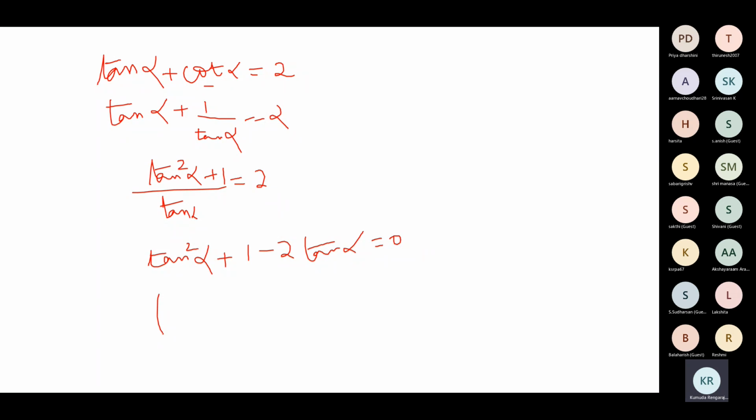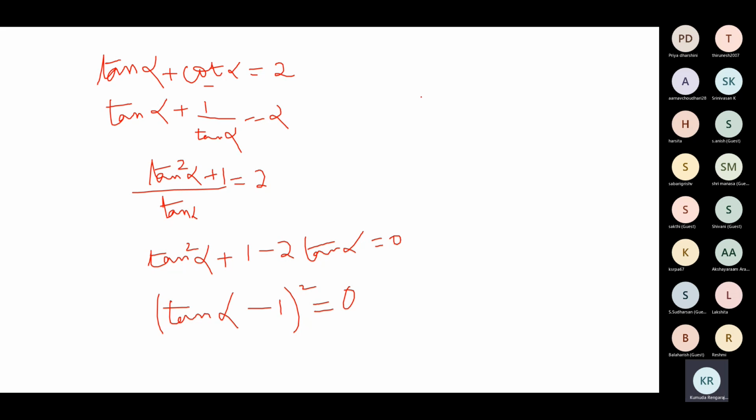Yes or no? Check that. This is nothing but tan alpha minus 1 the whole square. If you expand tan alpha minus 1 the whole square, you will get a square plus b square minus 2ab.